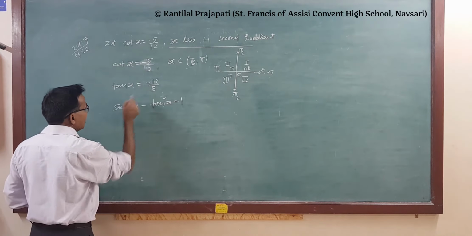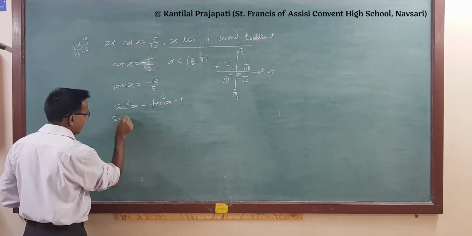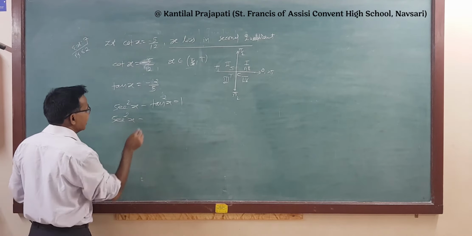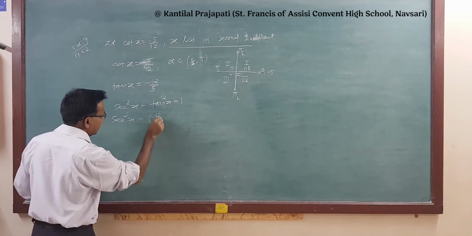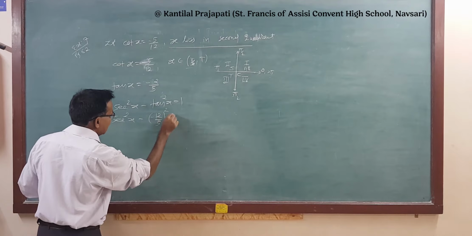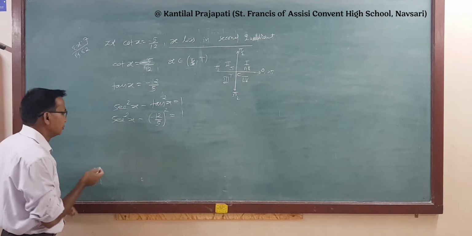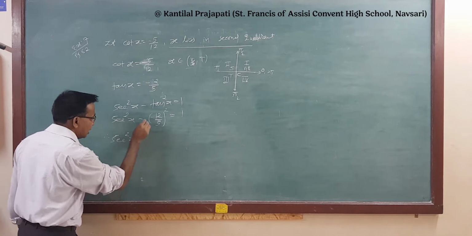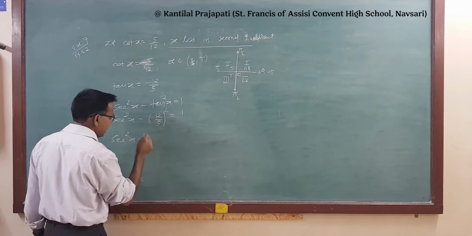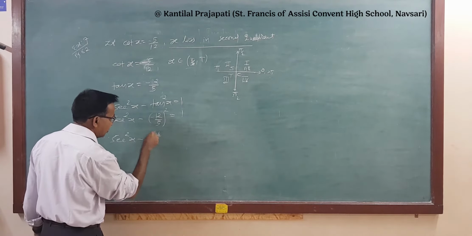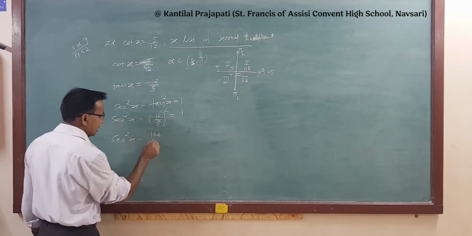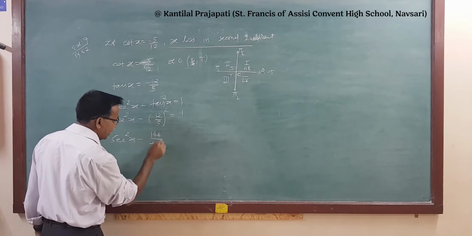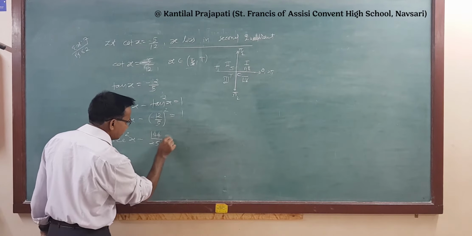So we substitute the value of tan x here. Sec square x minus (12 upon 5) whole square is equal to 1. Square of minus 12 is plus 144, upon 5 square that is 25, equal to 1.